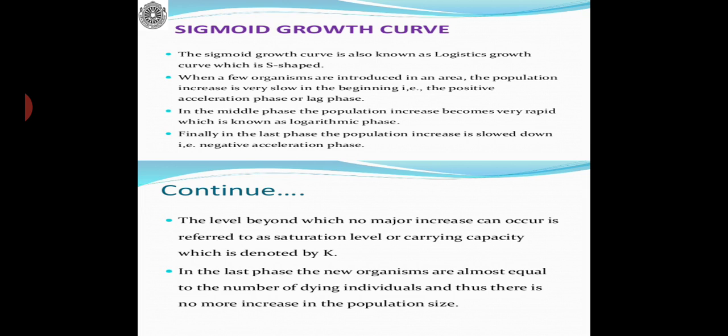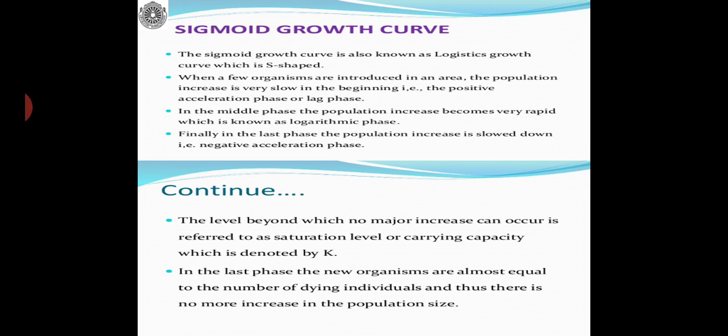As it is slow, it is called lag phase. And in the middle phase, the population increase becomes very rapid, which is known as the logarithmic phase or log phase. Finally, in the last phase, the population increase is slowed down, that is the negative acceleration phase.